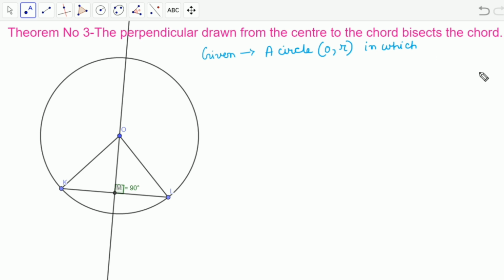So in which OM is perpendicular to KL, right? KL is a chord of the circle, right? Or we can write that angle OML equal to 90 degree. And if OML is 90 degree, also OMK is 90 degree, because KL is a straight line, right? So now what we have to prove?